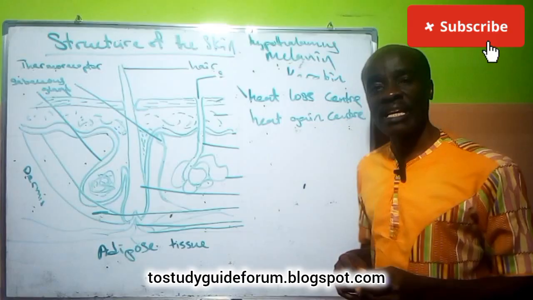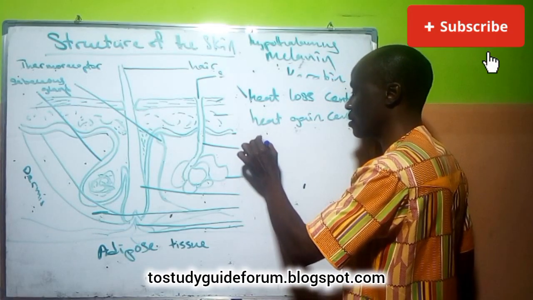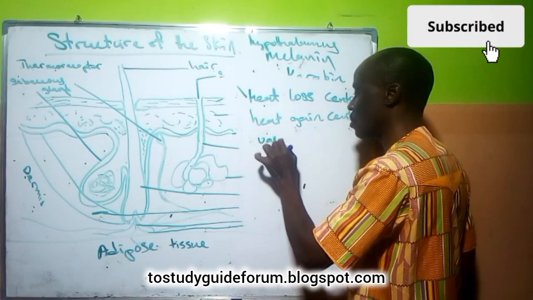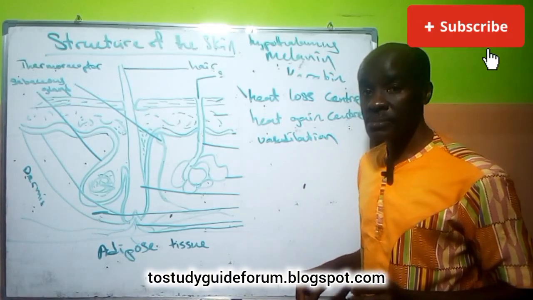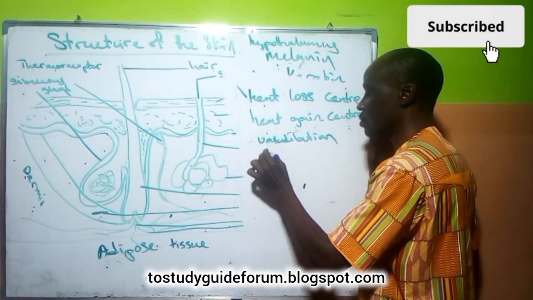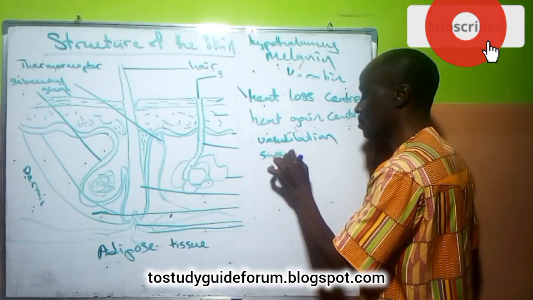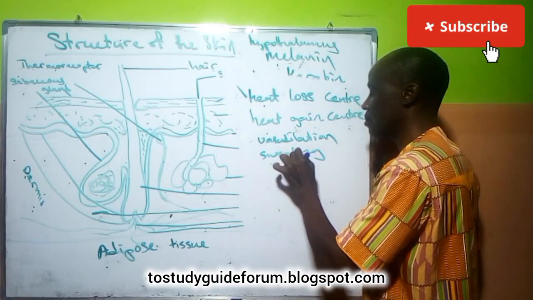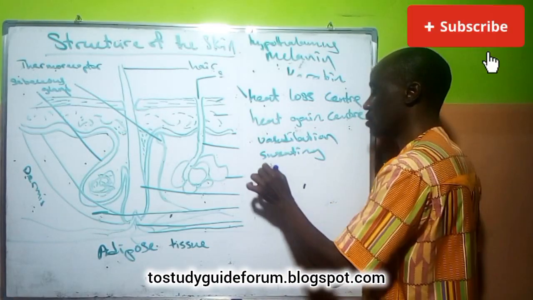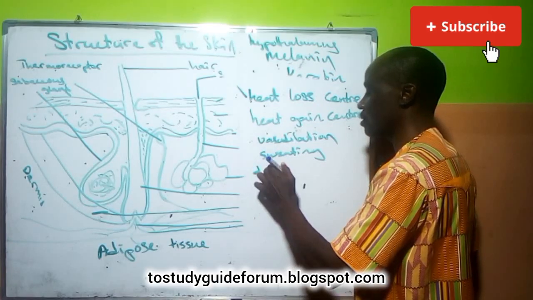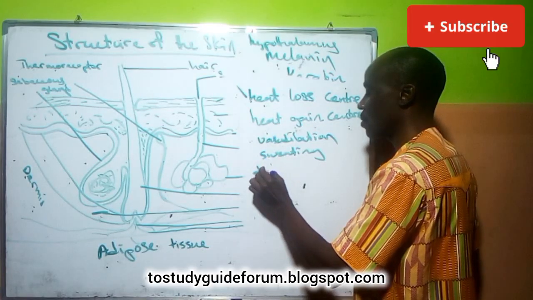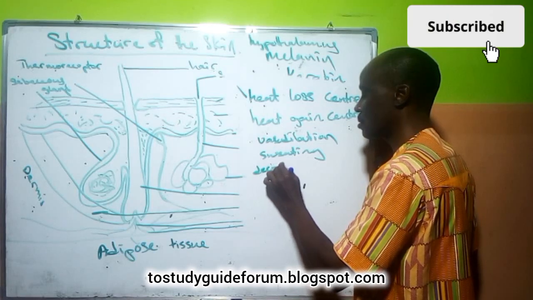Now, this is achieved by what? Number one, vasodilation. The second one is sweating. The next one is a decrease in metabolic activities, because the temperature is high.